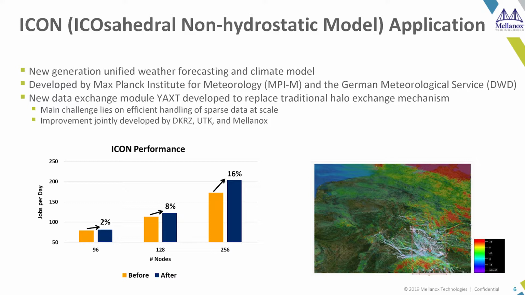And what we did basically was sit down with DKRZ to understand their code characteristics, not to look at MPI profiles, because MPI profiles a lot of times won't show you really what's going on. And in this case, what was done, DKRZ did this portion of the code, is they took their halo exchange, and instead of packing the data on their side, in the application level of the code, where it's invisible to the communication library, they exposed it via the MPI data types mechanism.